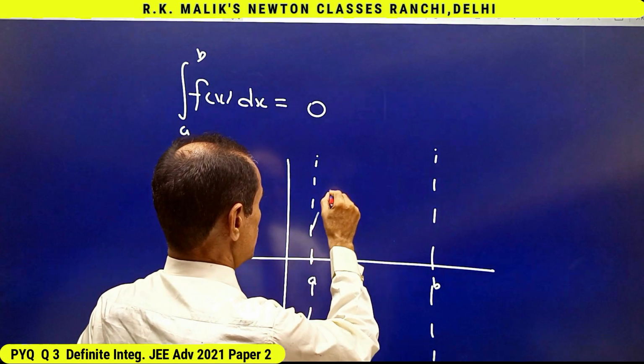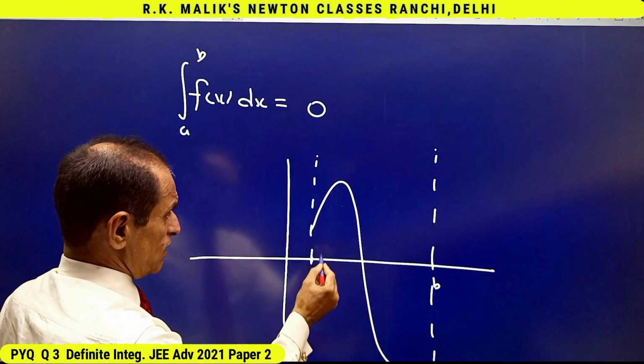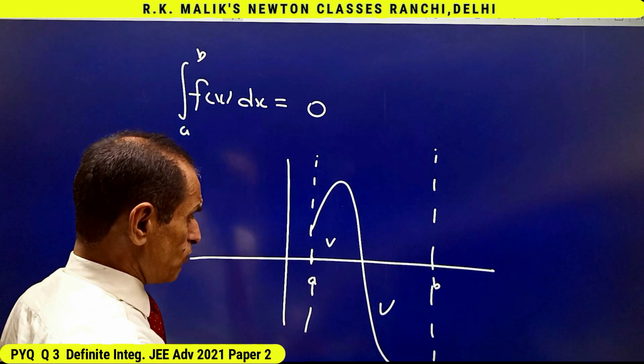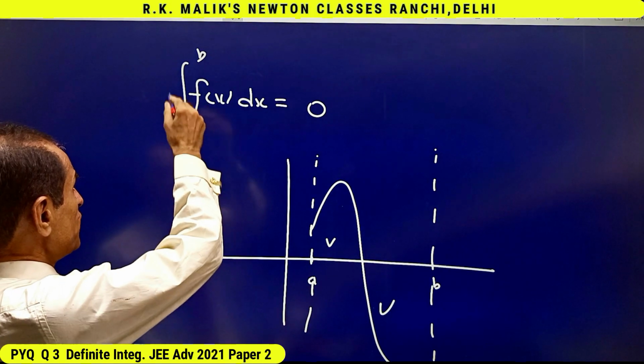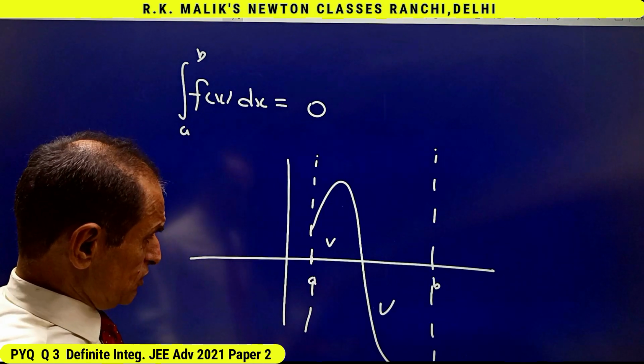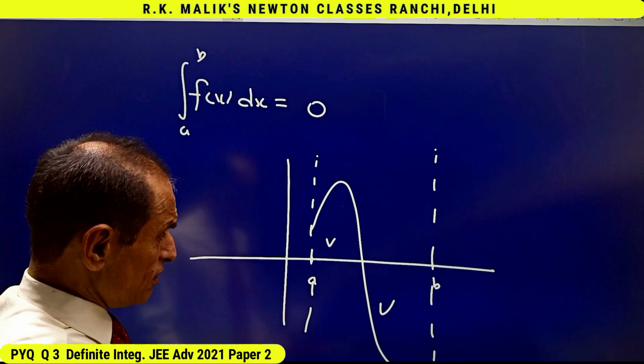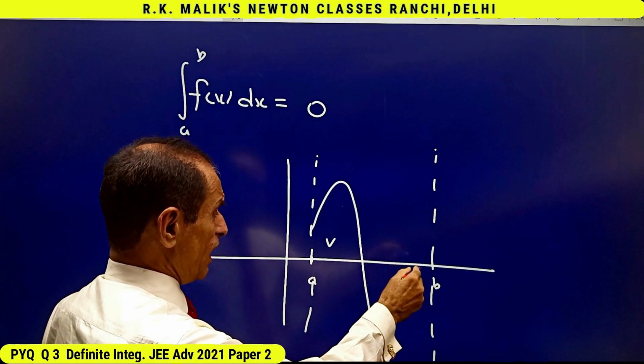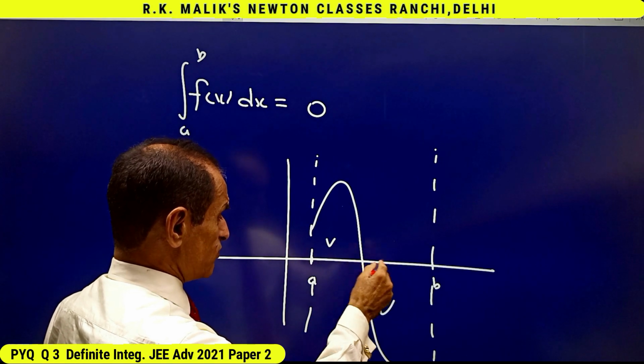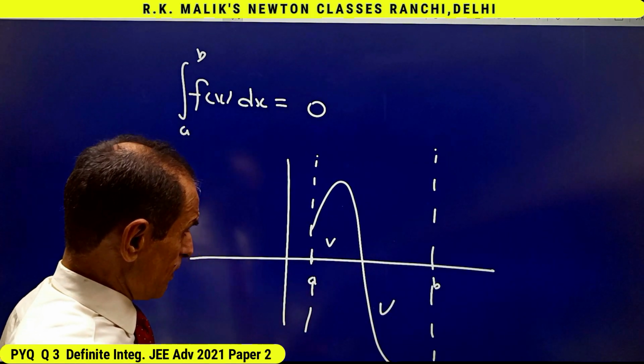For example, if these two areas are equal, then the value of the integral from a to b of f(x) dx will be 0. It surely means that the graph will be cutting the x-axis at least once in the interval a to b.